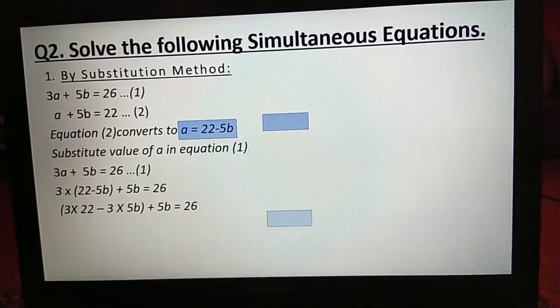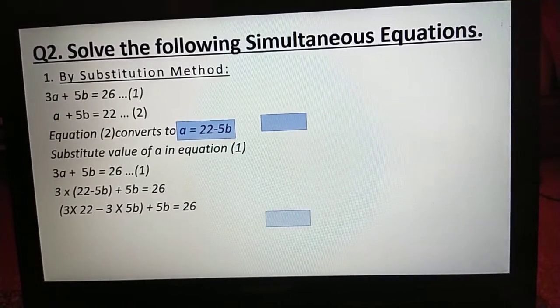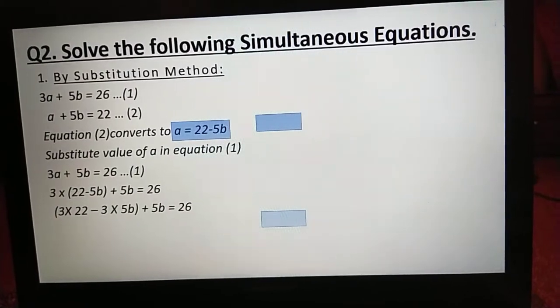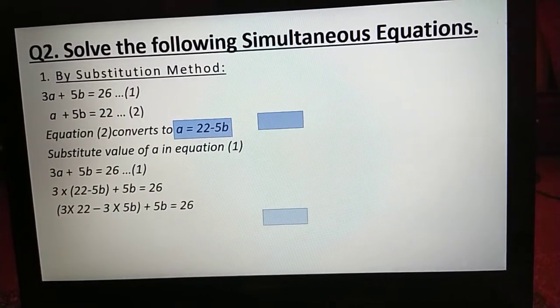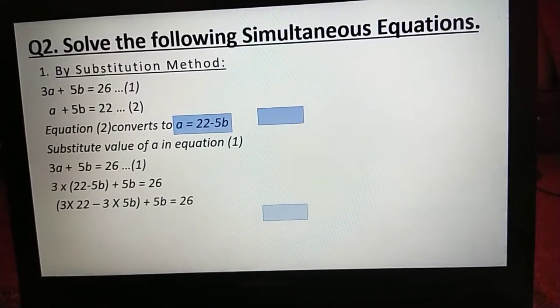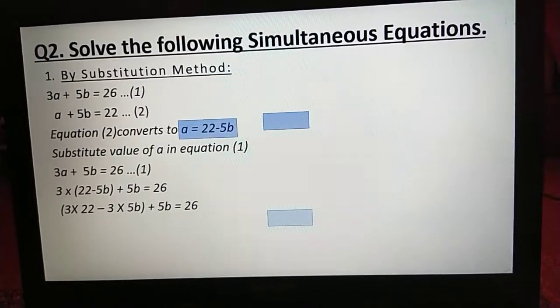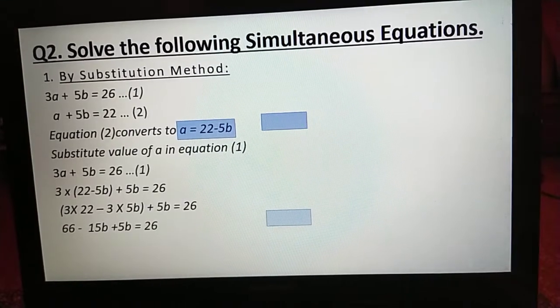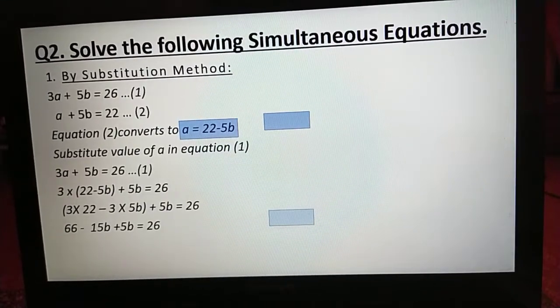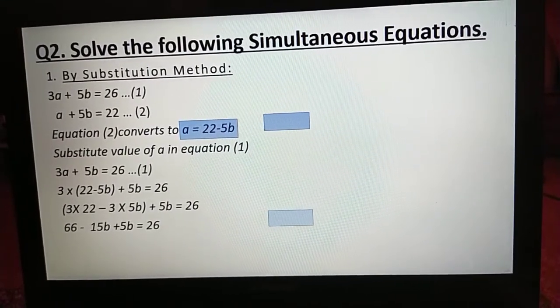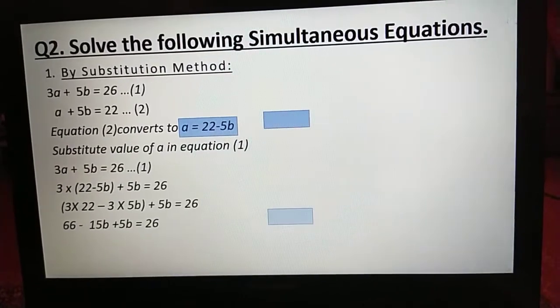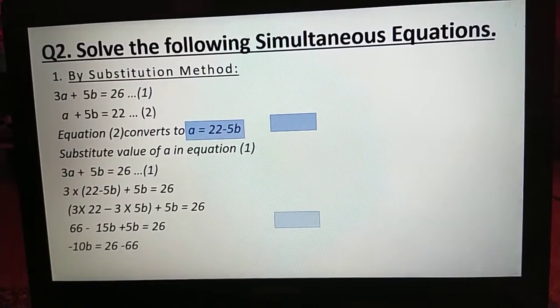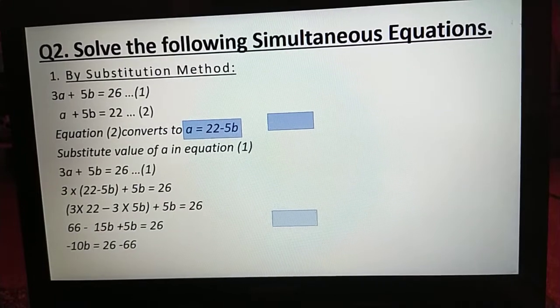We have kept it in brackets so as not to confuse you, and we keep plus 5b equals 26 as it is. 3 into 22 is 66 minus 3 into 5 is 15b, and plus 5b remains as it is, equal to 26.